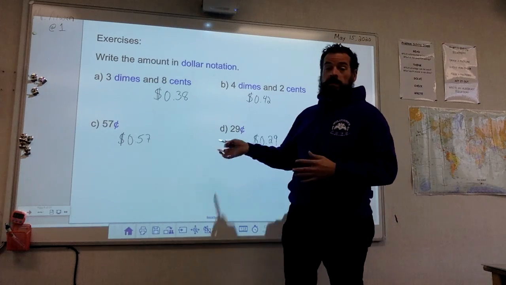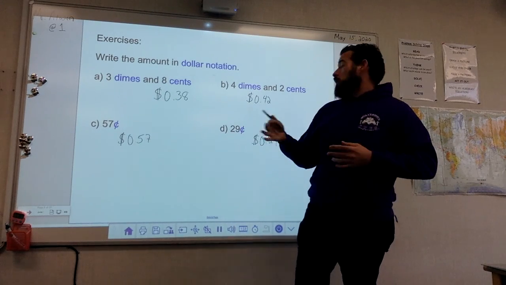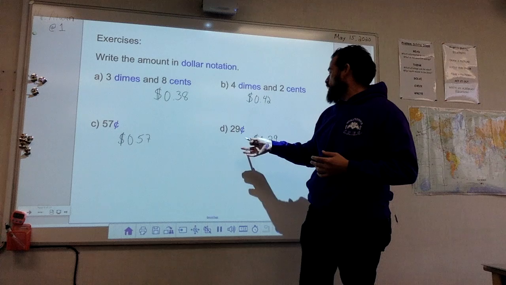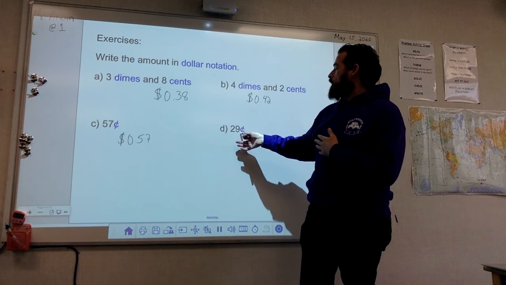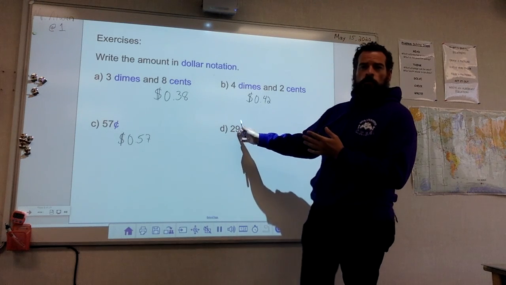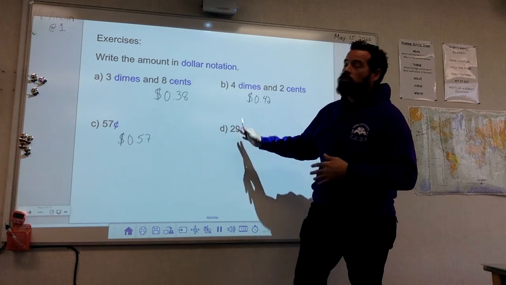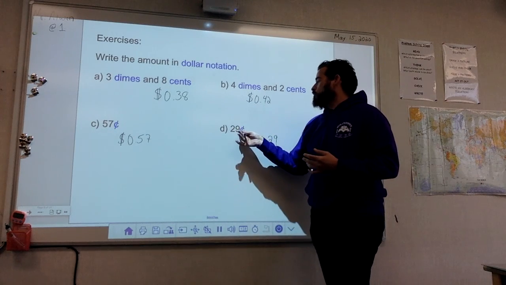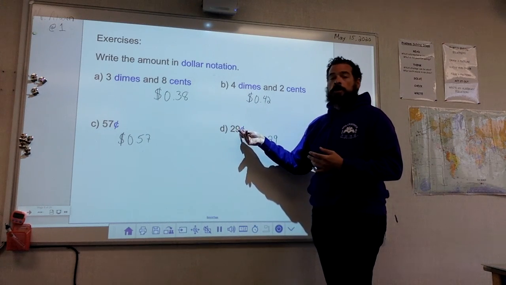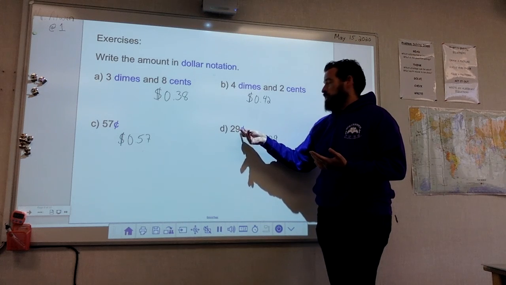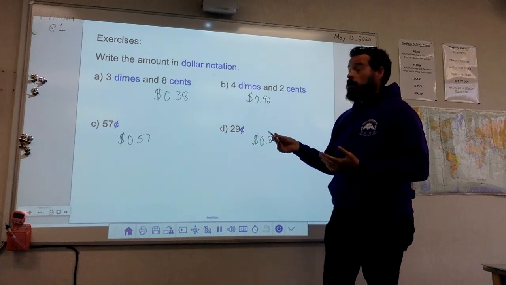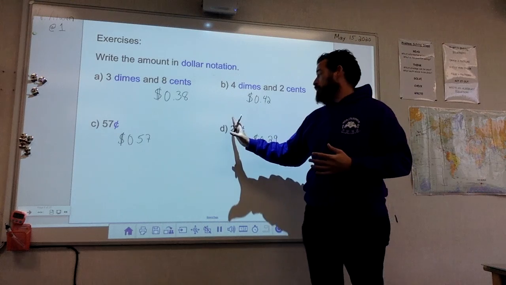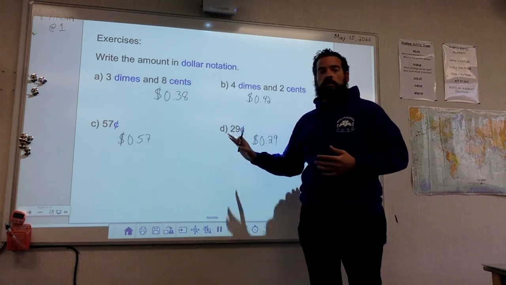One thing I wanted to point out, and we'll get into this a little bit later in the lesson too, if you notice what I do when we're converting from cent notation to dollar notation, the decimal point in cent notation is to the right of the 9 there, right? So when we move it to dollar notation, we're moving it 2 places over.